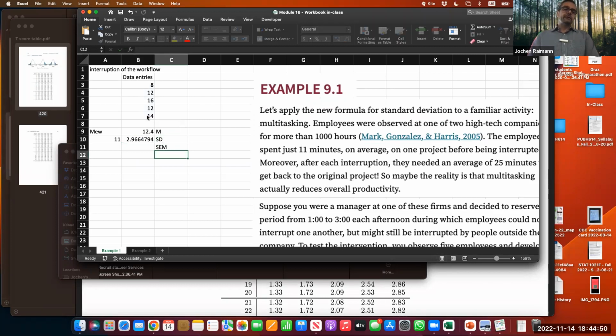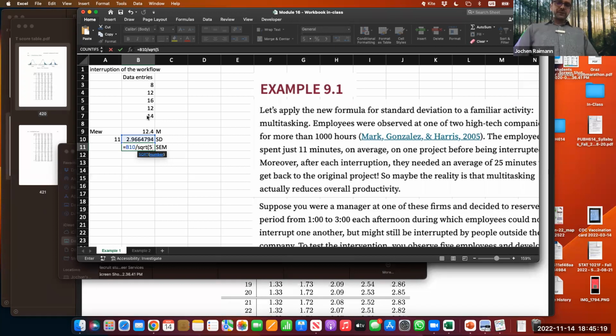Based on that, we calculate now the standard error of the mean, which is essentially this divided by the square root of 5 employees, right? Square root of the sample size.